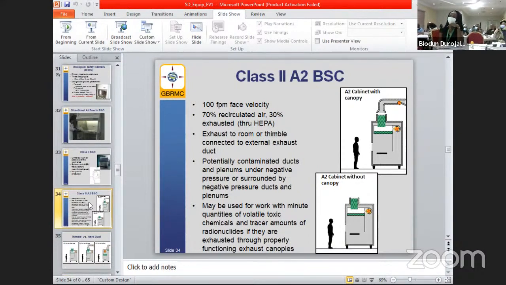Take note that this BSC class 2 A2 can work with chemicals and radionuclides. One important thing is that not all the air is exhausted out. As much as 70% is recirculated, it's only 30%.